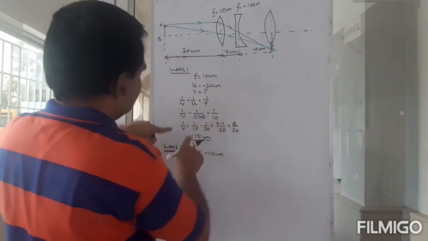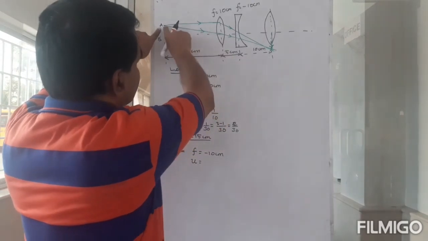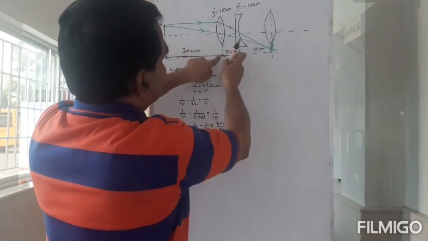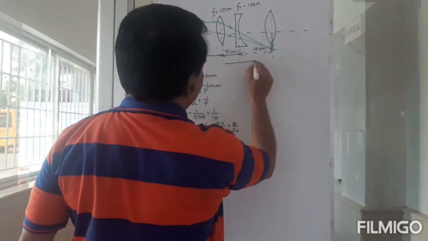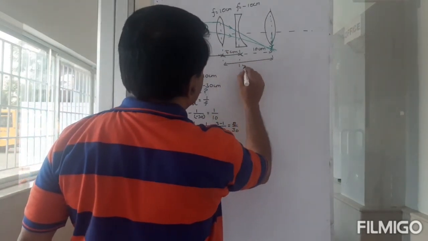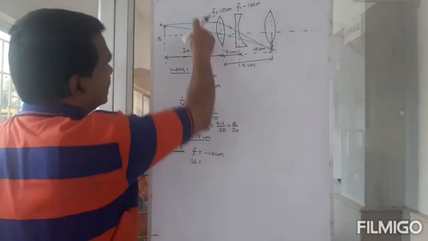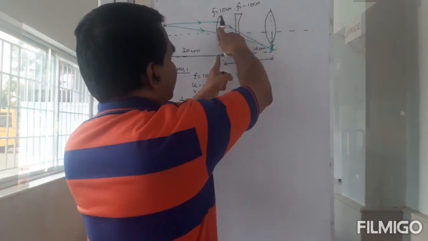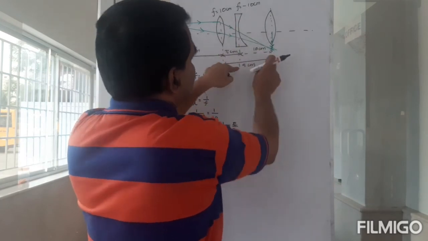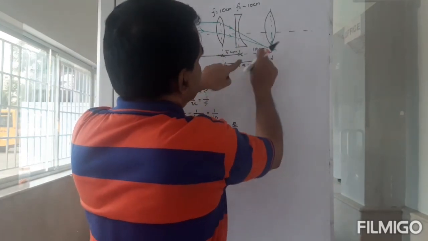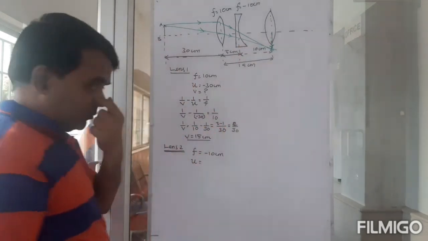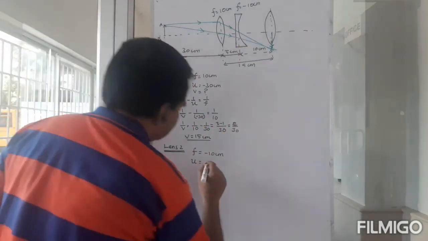Well, the image for the first lens is going to be formed 15 centimeters from that lens. That's what I calculated. But from this lens, which is kept 5 centimeters after the first lens, u is only 10 centimeters now. So u for this is only 10 centimeters.